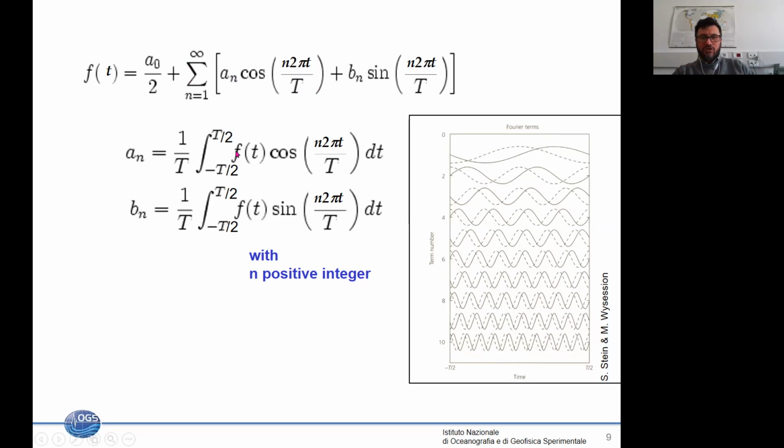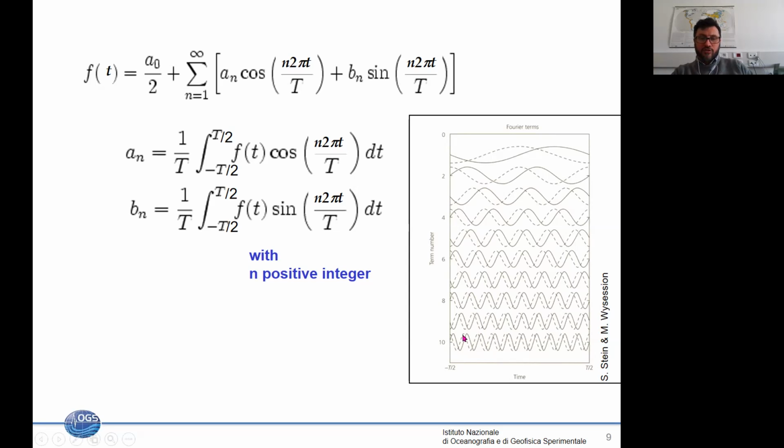So you can imagine that you can subdivide your original signal in many sinusoids, one representing the cos part and one representing the sine part for different frequencies, with different amplitudes, and again you see with different shifts in time, which represents the phase change of the signal.